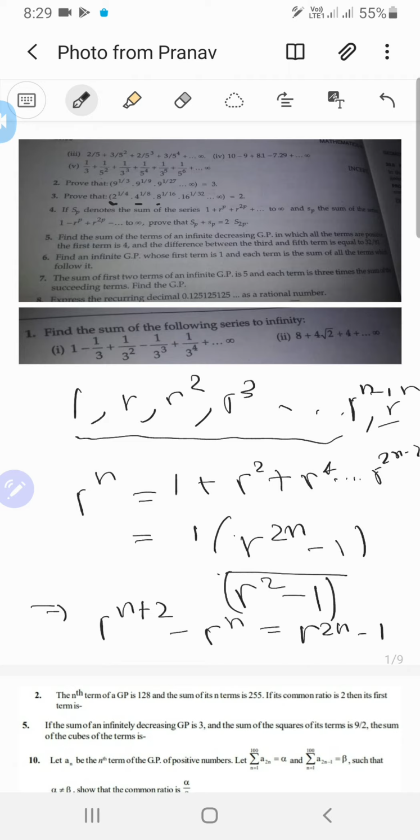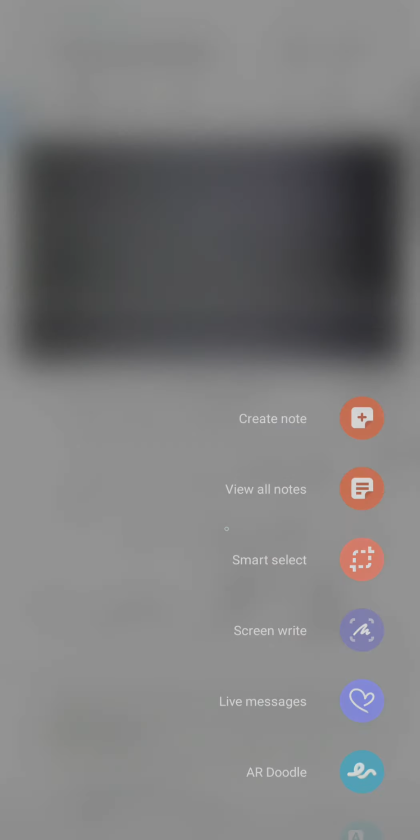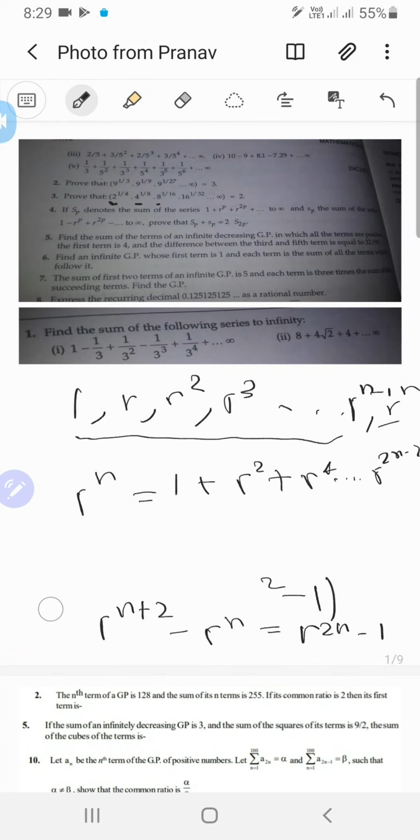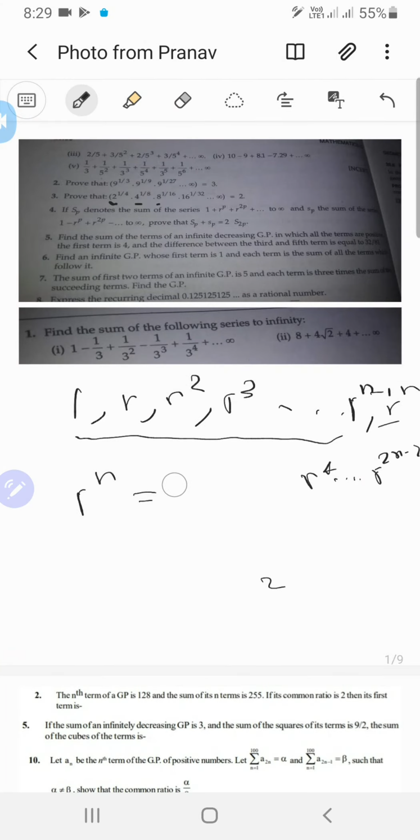So, find an infinite GP whose first term is 1, and each term is the sum of all the terms. Wait, what? Oh, there is nothing about that square. Why did I even think that? Okay, sum of all the terms which follow. It's not telling anything about squares or anything. Sorry, my bad. There are no squares in this.